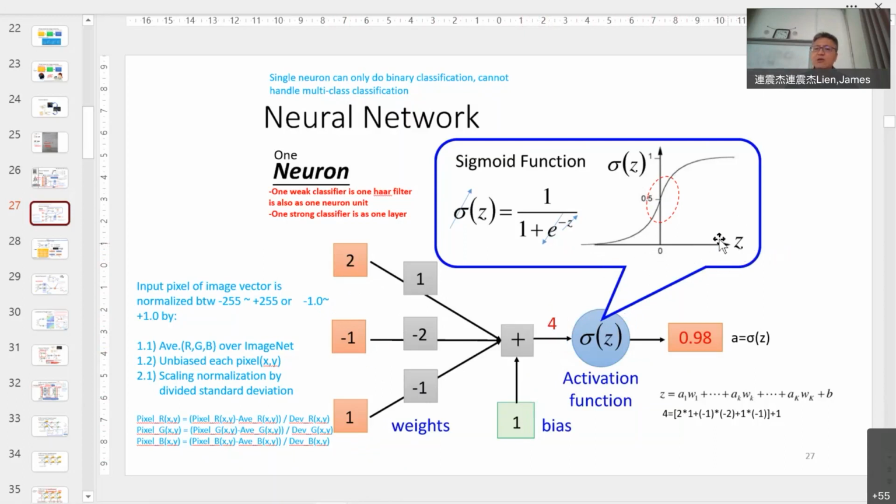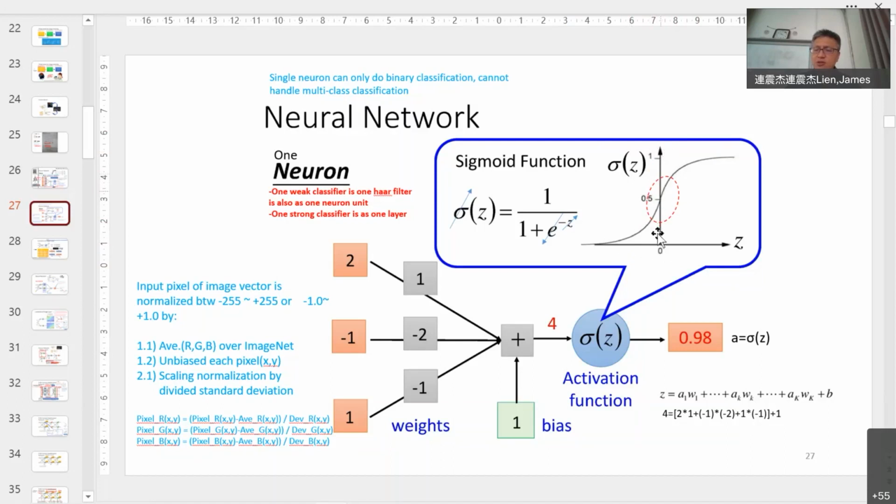If Z has a bigger value, in this sigmoid, the output in the Y direction will be bigger. If Z is less than 0, the output in the Y direction will become smaller.